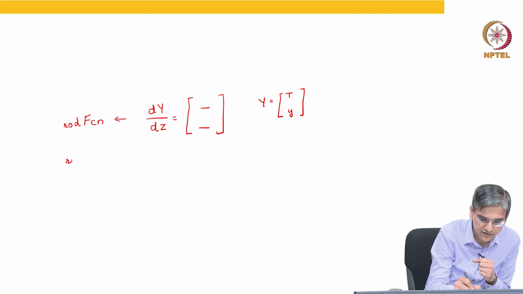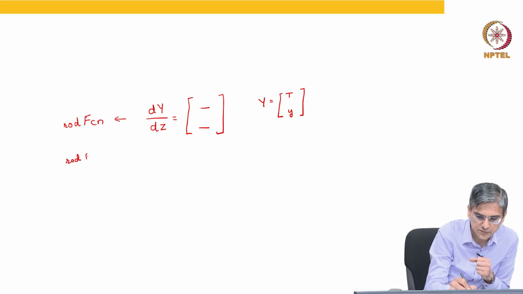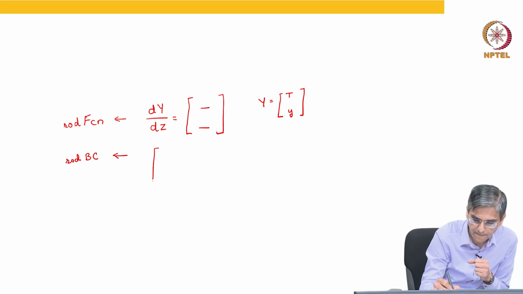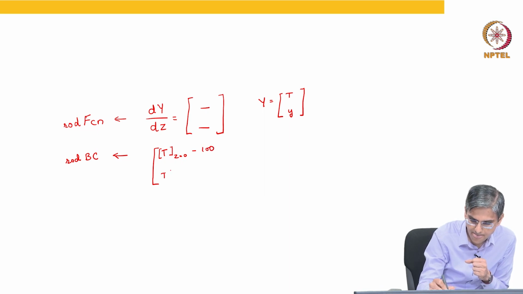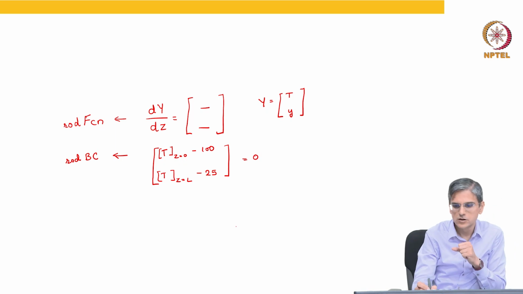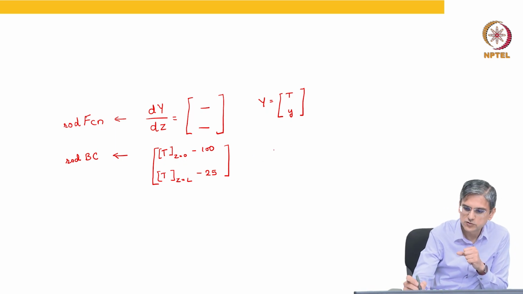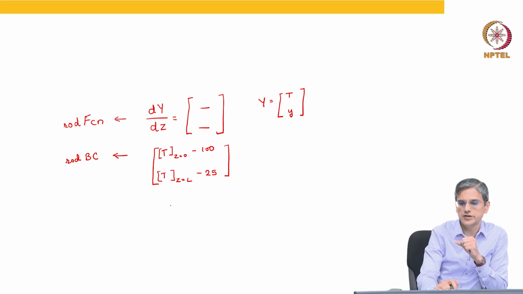Next, we have rodBC. Of course, equal to 0 we do not give, this is what we need to give.